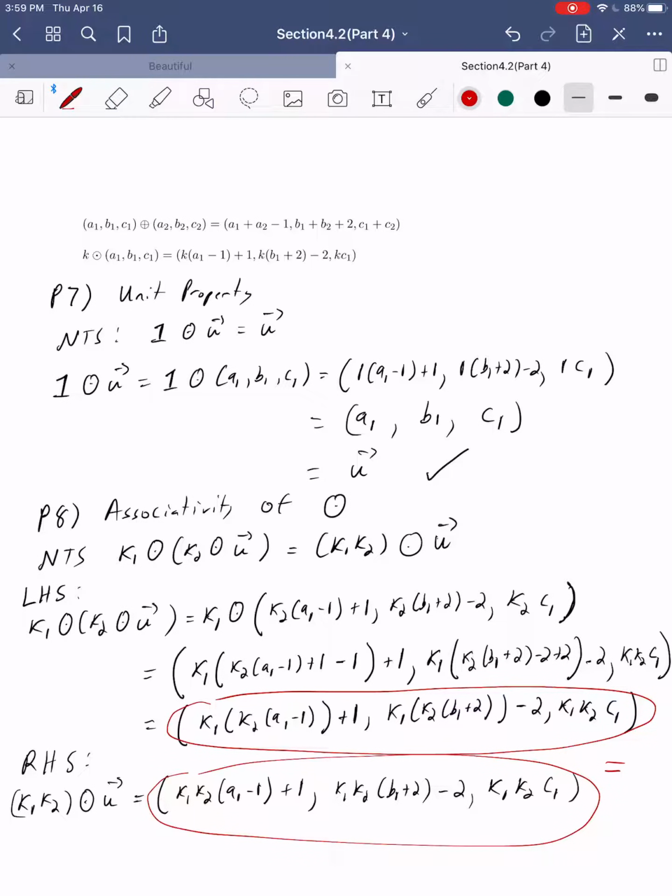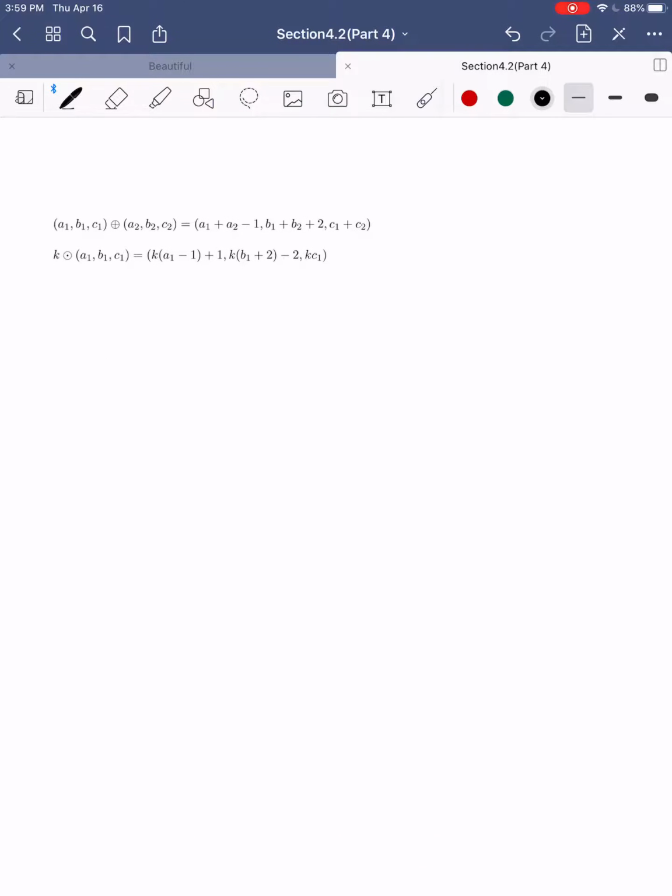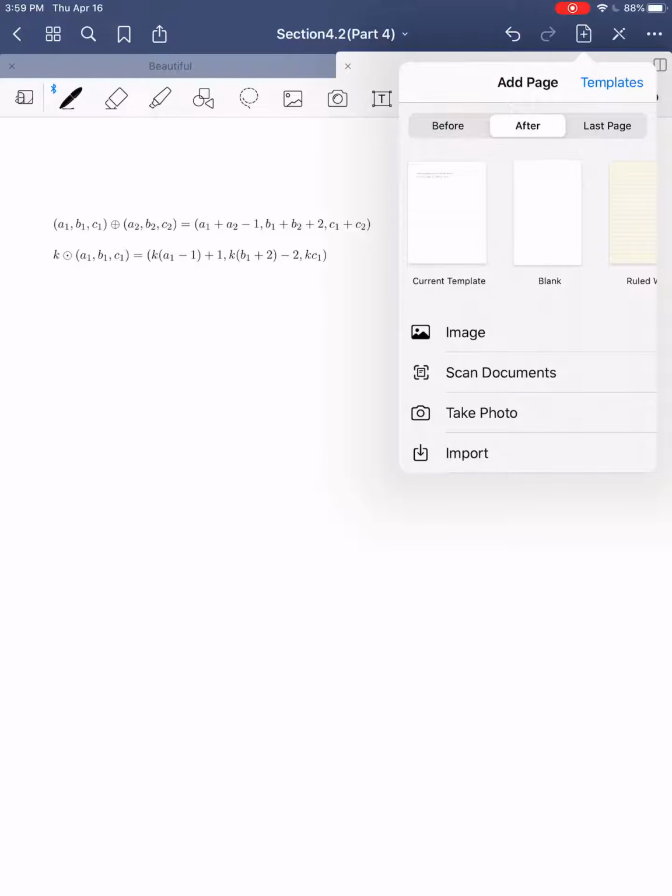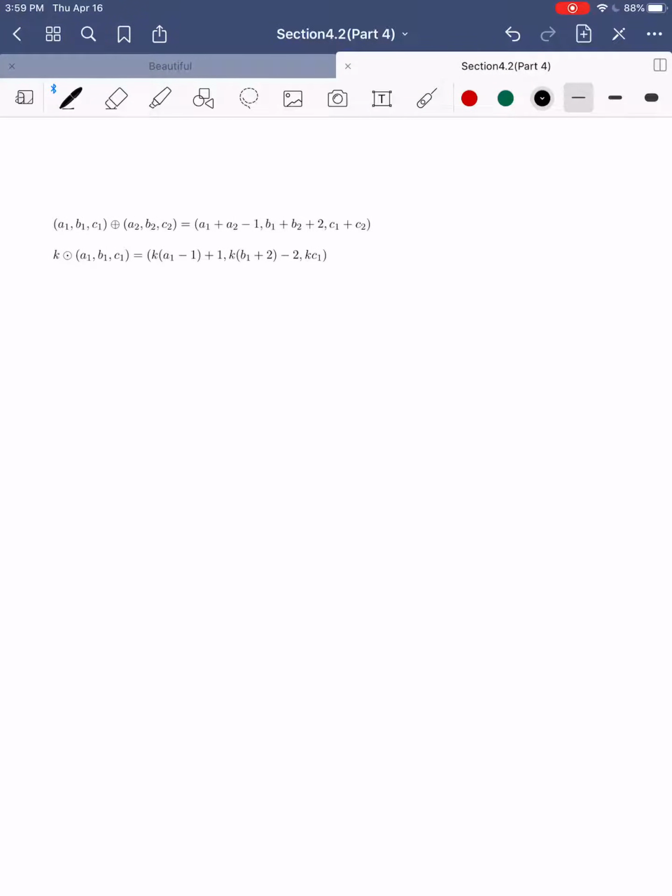Okay, we're down to just needing to do the distributive properties here. So let's go ahead and do those on this page here. This is our last one, so just in case, let's add one more onto that. All right, P9, right? Distributive property. We need to do scalar multiplication over vector addition.